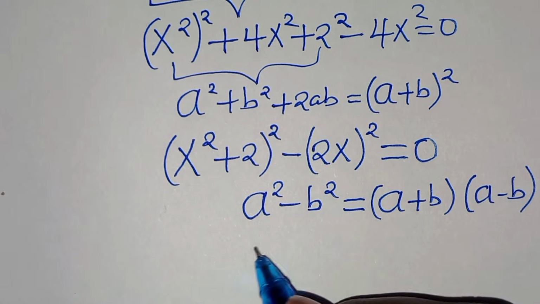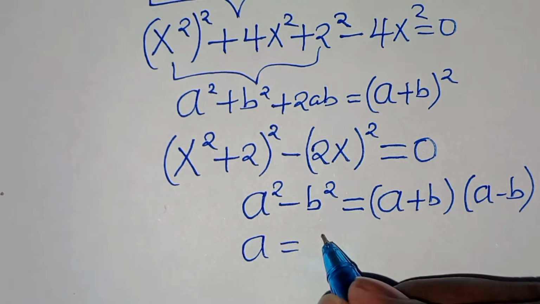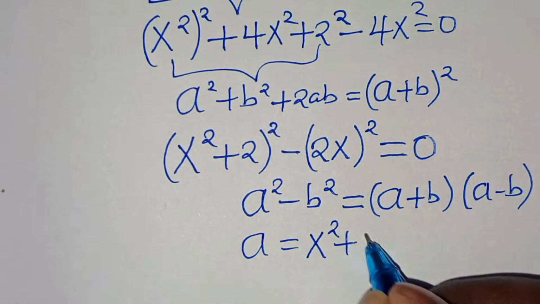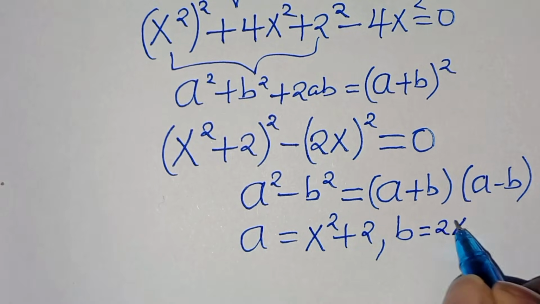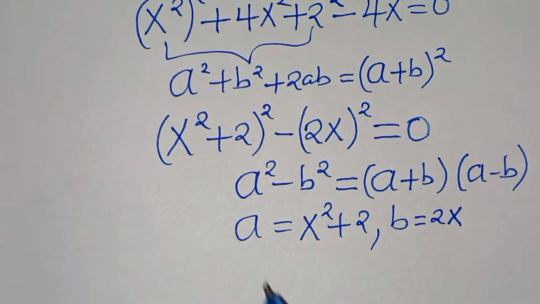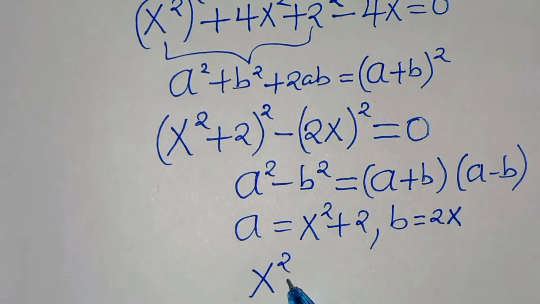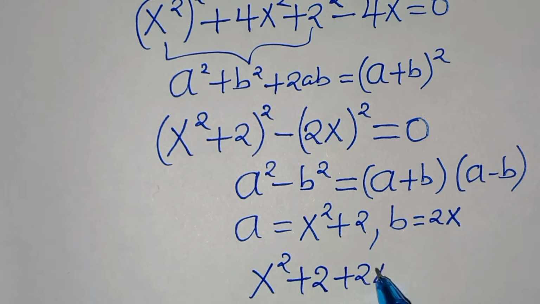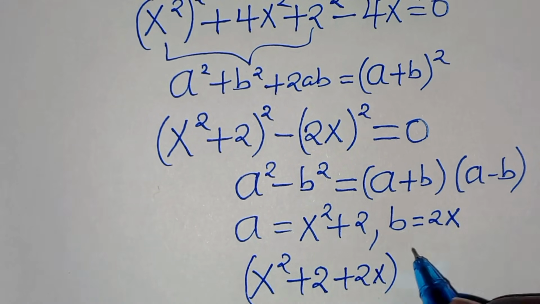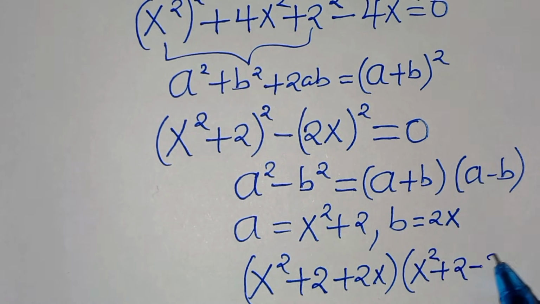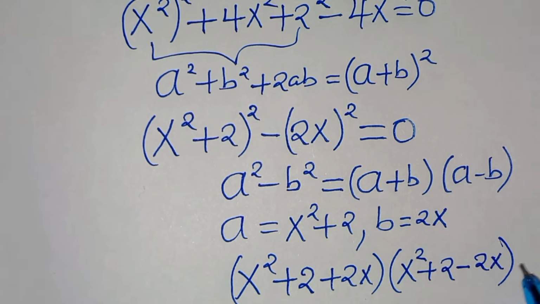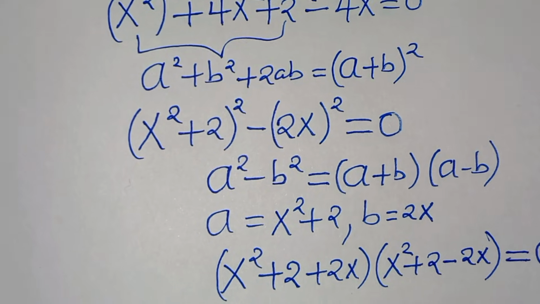So we have that a is equal to x squared plus 2, and b is equal to 2x. This means we have x to the power of 2 plus 2 plus 2x, multiplied by x to the power of 2 plus 2 subtract 2x, equals 0.